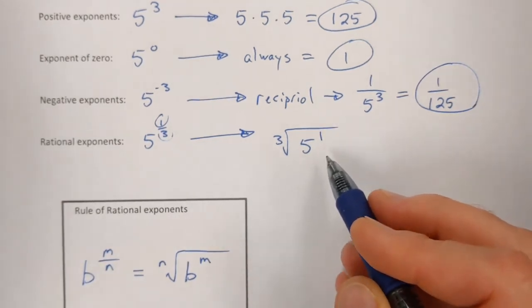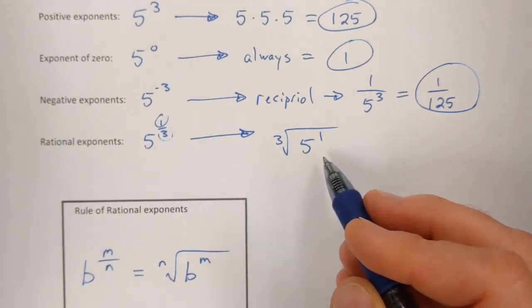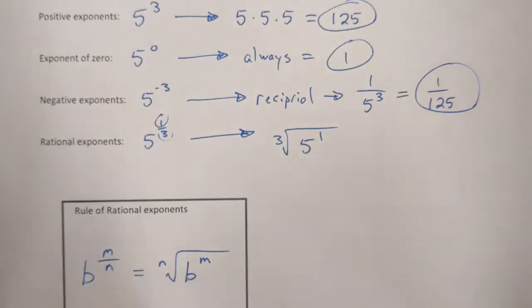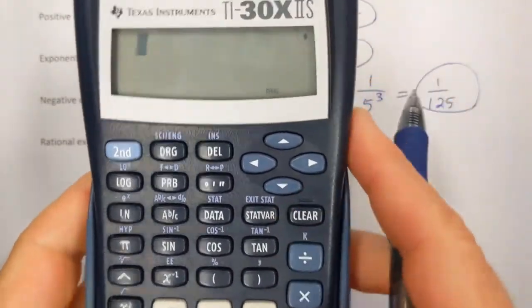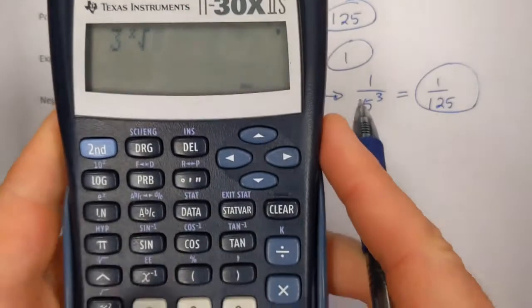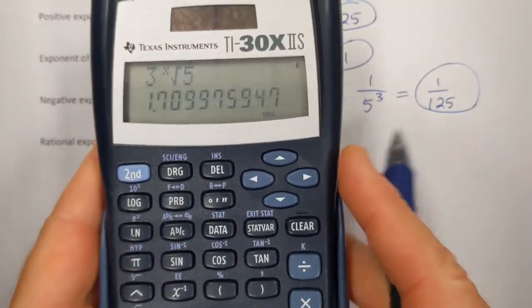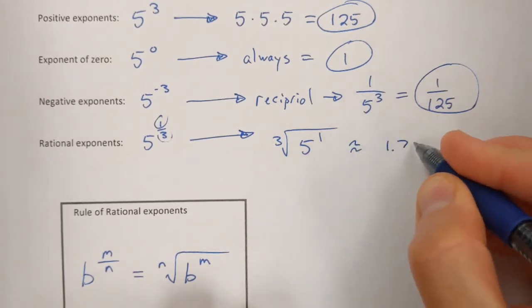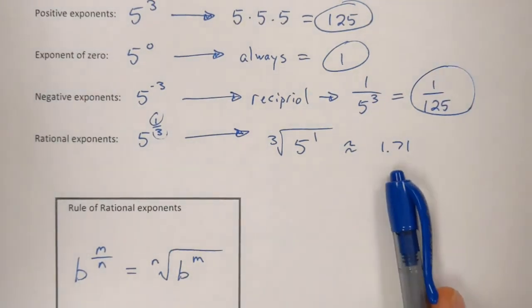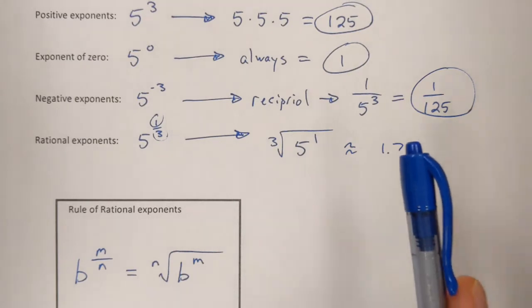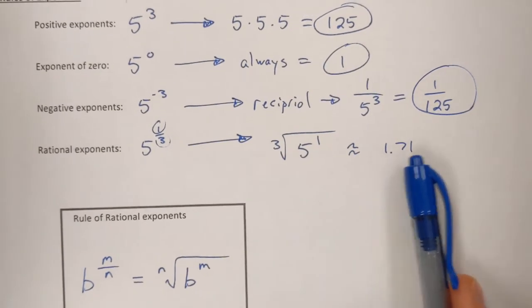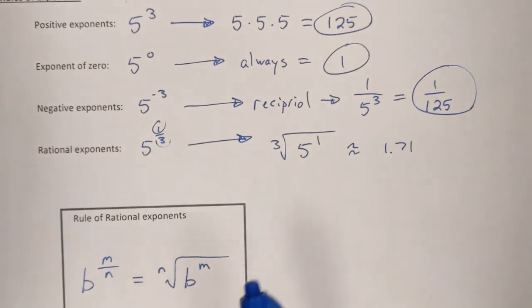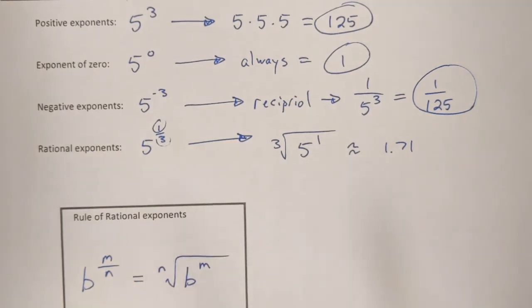This means what number times itself 3 times would give you 5. Now I don't believe this comes out cleanly. The third root of 5, yeah, it's irrational. It's approximately 1.71. Here's all that means. If I do 1.71 times 1.71 times 1.71, I will get approximately 5. So that's what 5 to the 1/3 means.